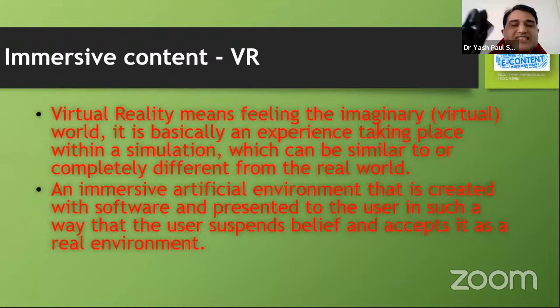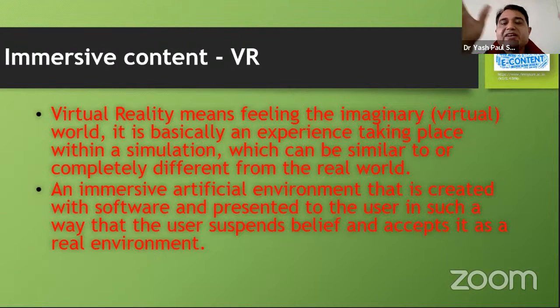If you see the content while using this VR box, you will feel immersed, that you are currently standing at that place. Say, for example, if I show you the tour of the CIET with the help of this head mounted device, then you feel that you are not sitting at your home. You are actually sitting at the NCERT, at the CIET office, and you can move through the different rooms within the CIET while sitting at your own home.